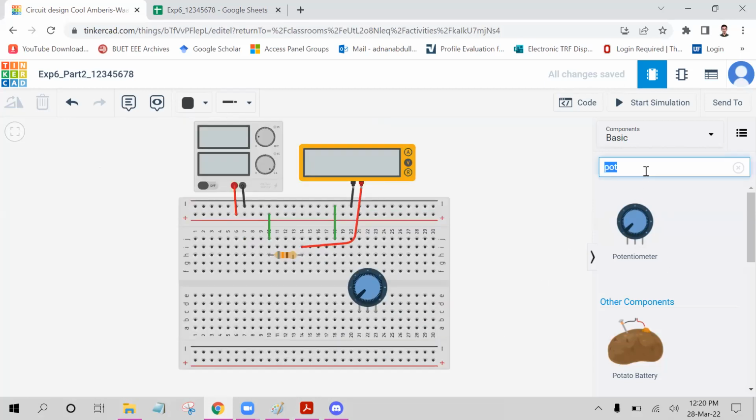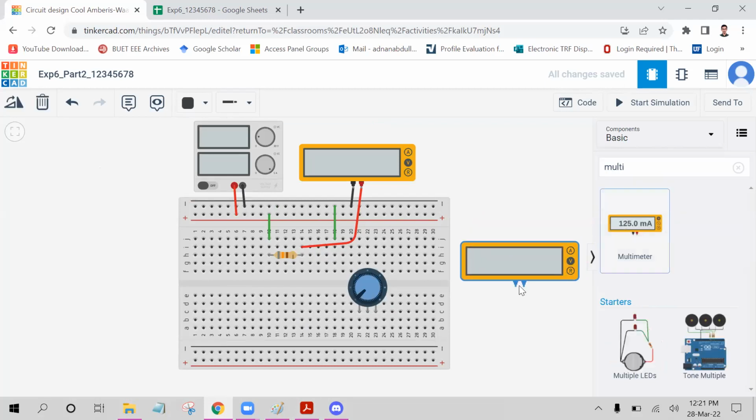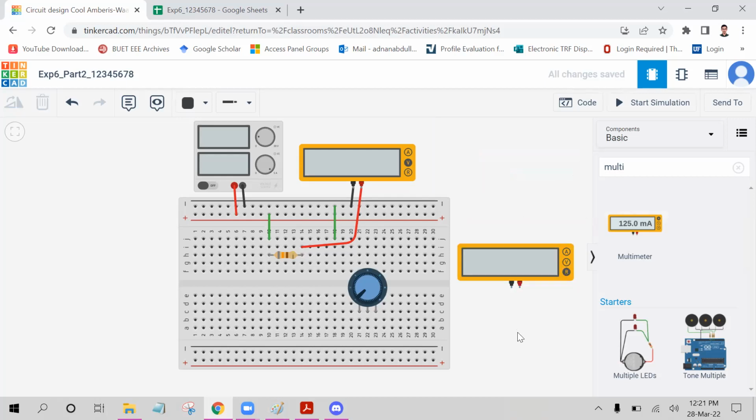Fortunately, in Tinkercad, the ohm meter is already inside the multimeter. So we can take another multimeter and change its mode to resistance. If we change the mode to resistance, we will be able to use it as an ohm meter.